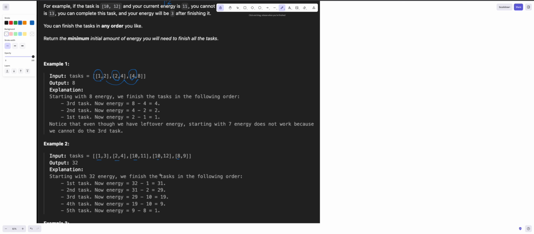So let's consider we have like 32 initial energy, and then we spend on the first task, that's minimum is 1. So we can consider this is done. How can I highlight this? All right.